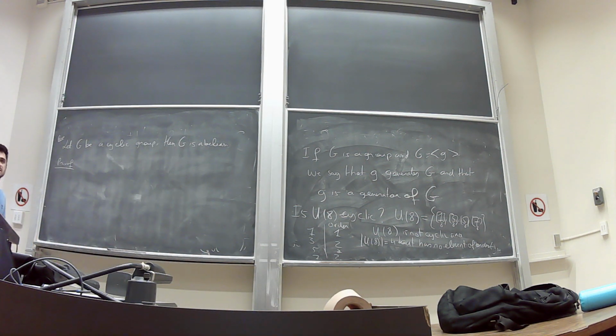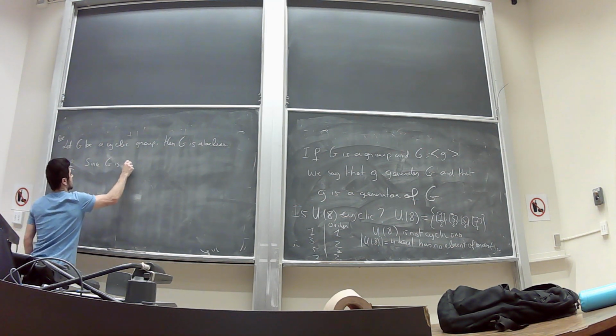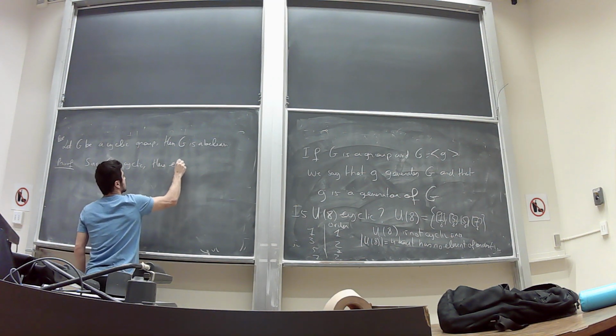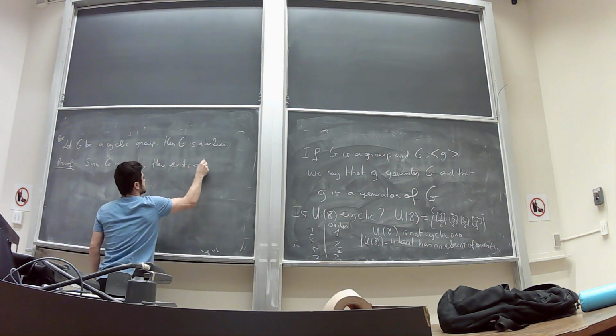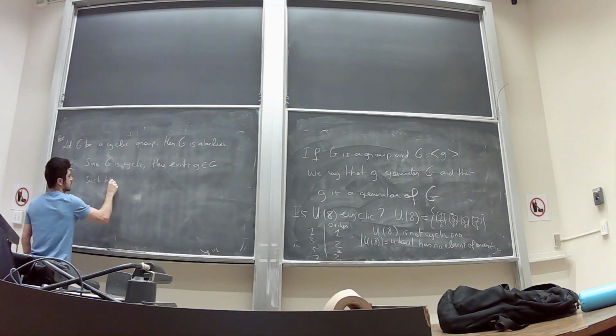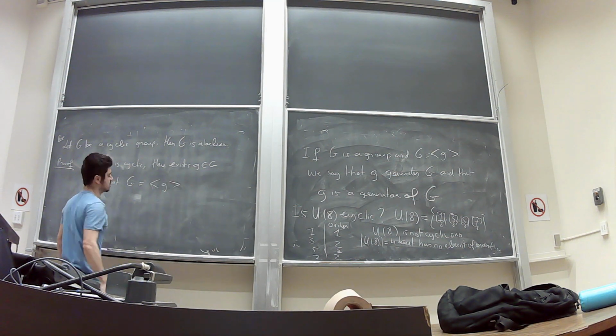A cyclic group means that I have an element that generates it, right? So since G is cyclic, there exists little g in G such that G is equal to the subgroup generated by g. That means every element of big G is a power of little g.